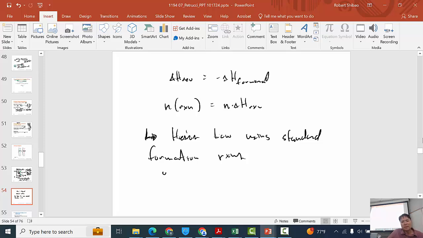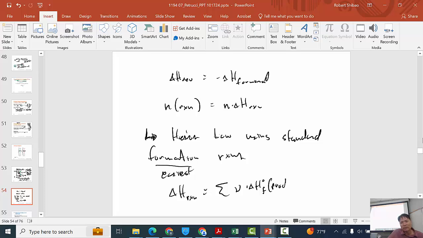And this is the easiest method. The delta H for the reaction or process we're interested in is equal to the sum of nu, the coefficient, times delta H standard, that's the little superscript, and f means formation, of the products.